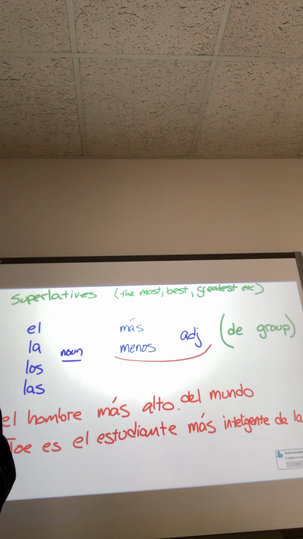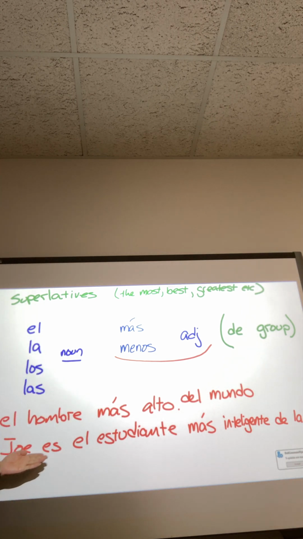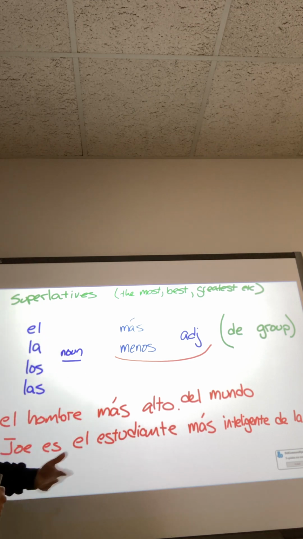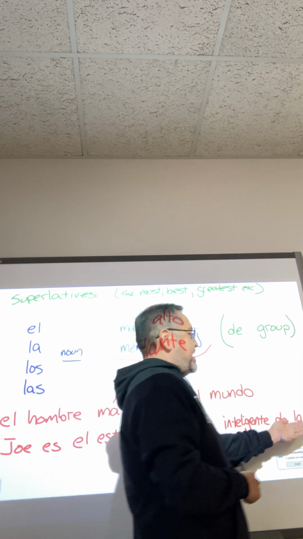Mundo means world. So, the tallest man in the world. Doing something a little más pequeño. Joe es el estudiante más inteligente de la clase.